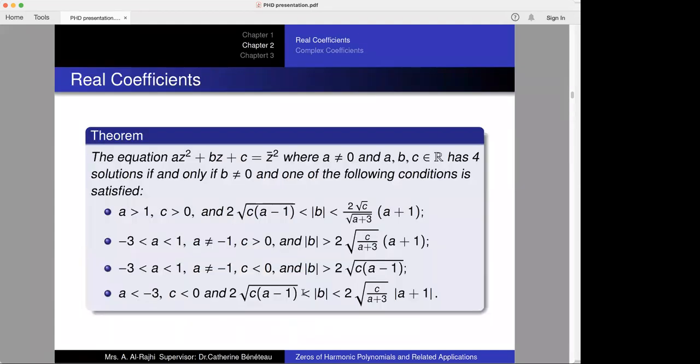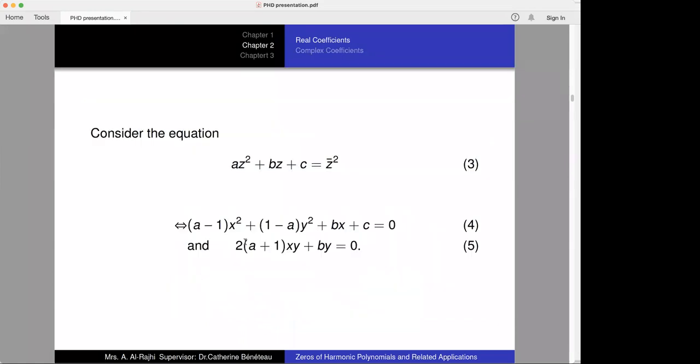So for real coefficients, if we have a z squared plus b z plus c equals z bar squared, where a is not 0, we will have the following conditions. These conditions are created when we try to rewrite our complex polynomial as a system of real equations and try to solve it.